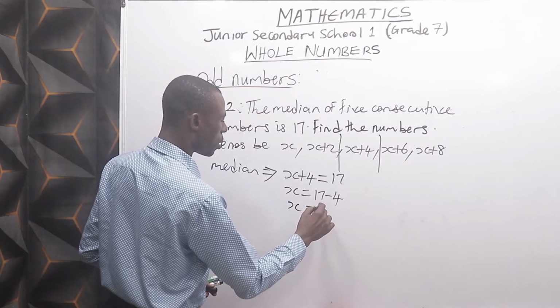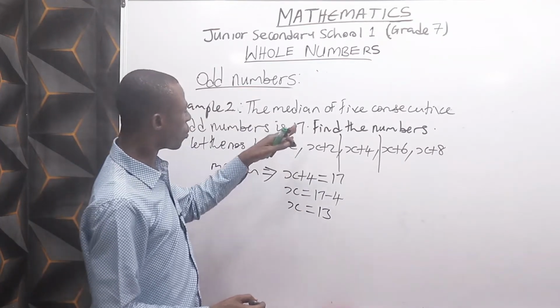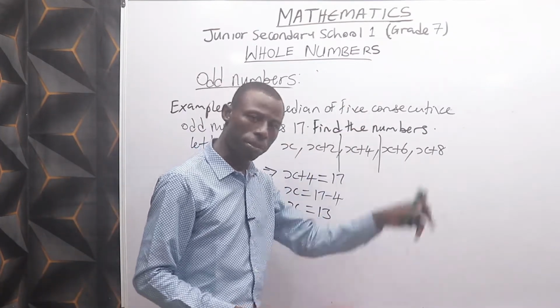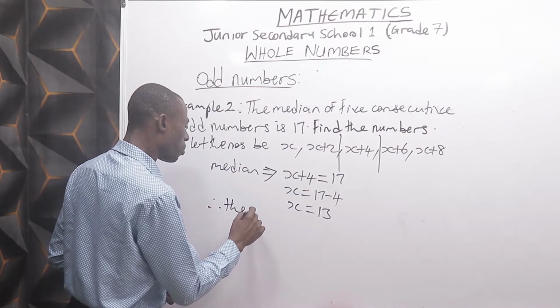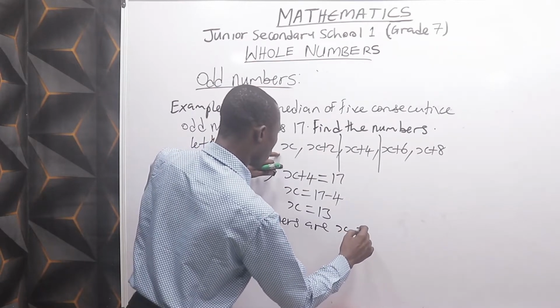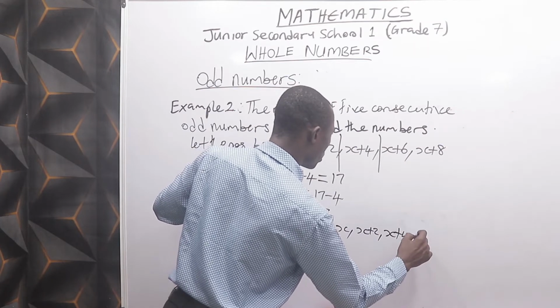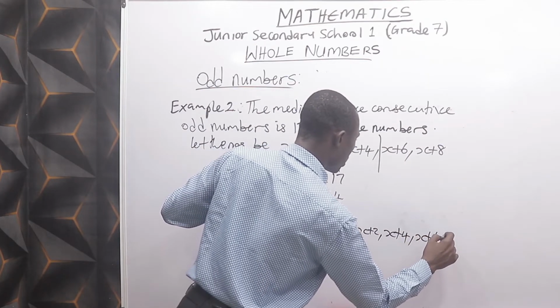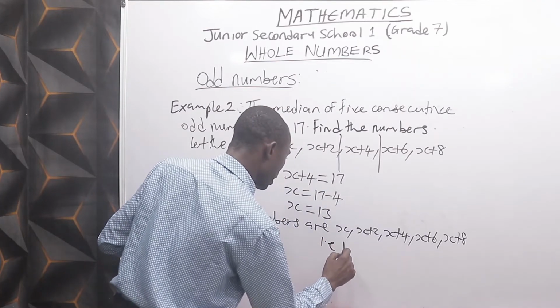X equals 13. So if x equals 13, and the question is that we are to find the numbers, the first is x, followed by x plus 2, then x plus 4, x plus 6, x plus 8. That is 13.